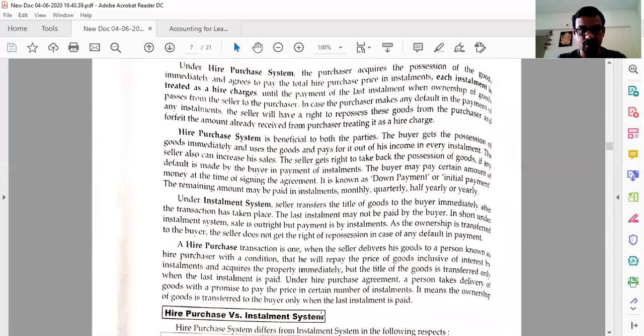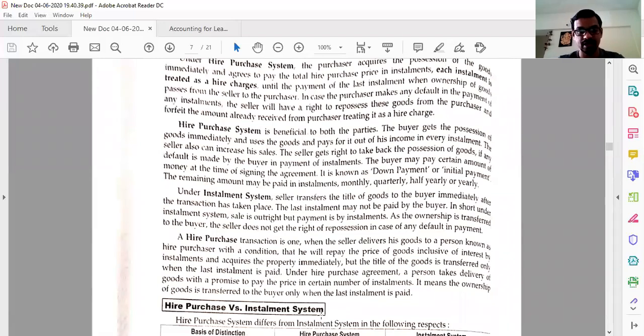Means when the last installment is paid, at that time ownership is transferred to the purchaser. But under the installment system, the seller transfers the title of goods to the buyer immediately after the transaction has taken place. The last installment may not be paid by the buyer. In short, under the installment system, the sale is outright, but payment is by installment. As the ownership is transferred to the buyer, the seller does not get the right of repossession in case of any default payment.